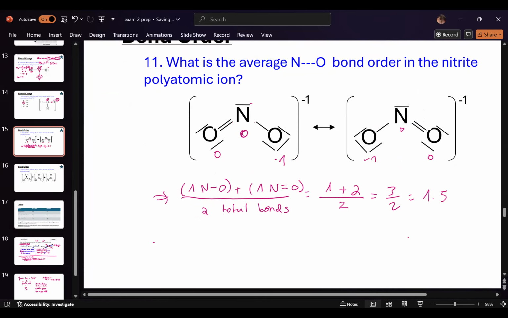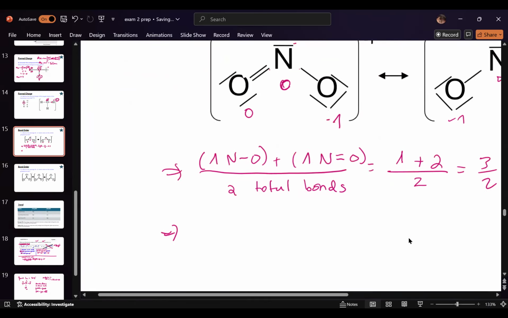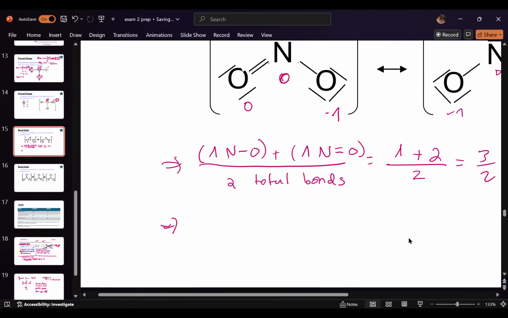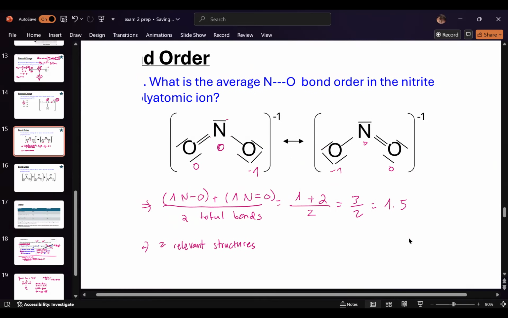The other way to do this, which I like, it explains it better really. You have two relevant structures. Let me erase this.